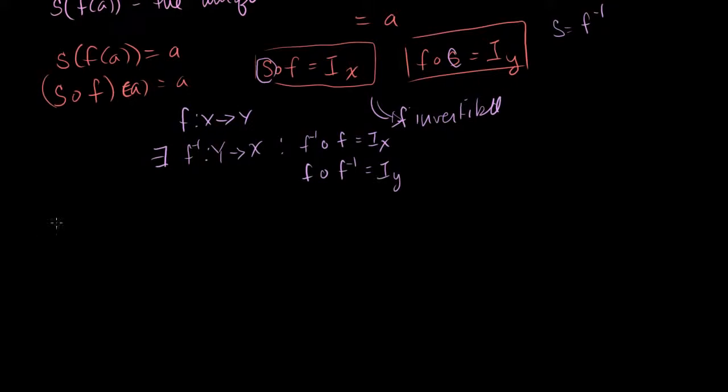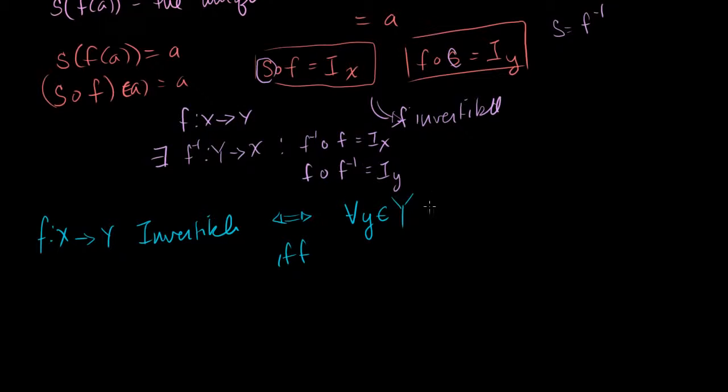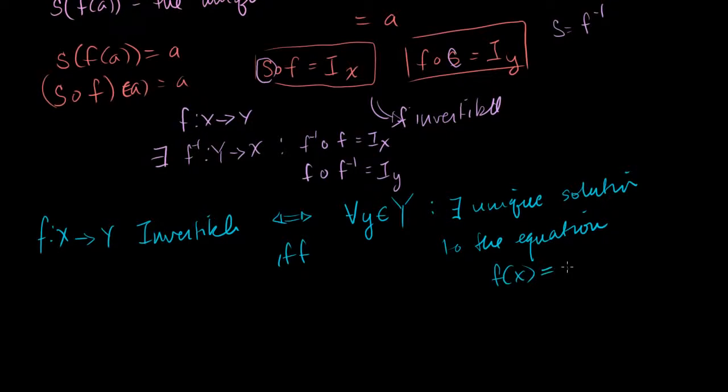That f, which is a mapping from x to y, is invertible if and only if, and we could write that either as a two-way arrow, so both of these statements imply each other, for every y that is a member of our set y, there exists a unique solution to the equation f of x is equal to y.